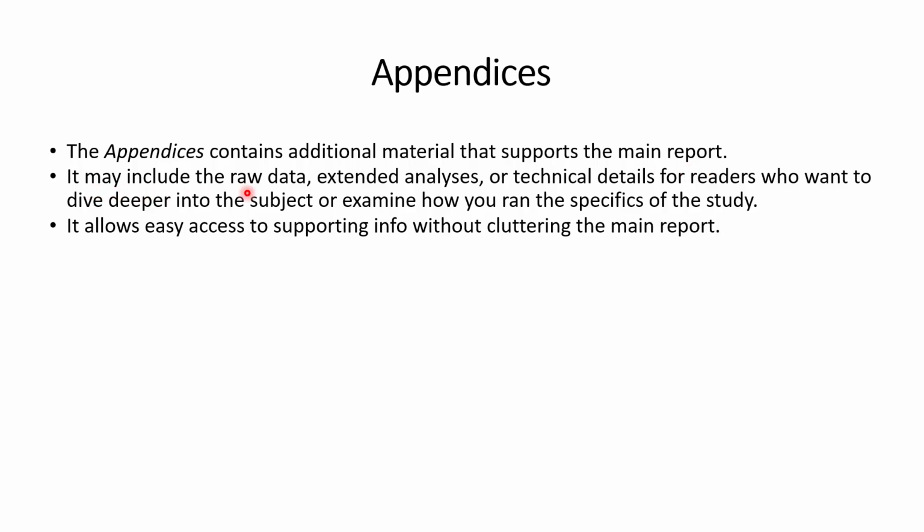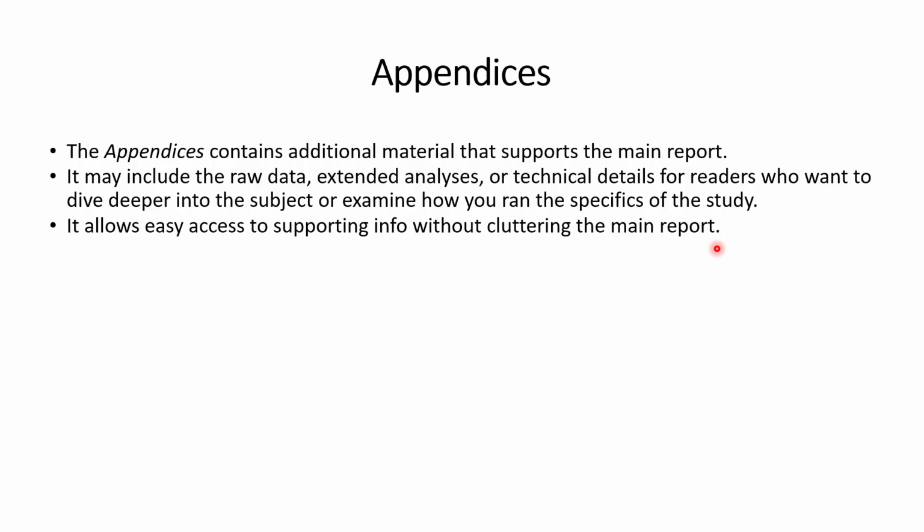It may include your raw data, extended analyses, technical details, basically any kind of supplementary information for your reader, specifically for readers who want to dive deeper into the subject or examine how the specifics of the study were run.